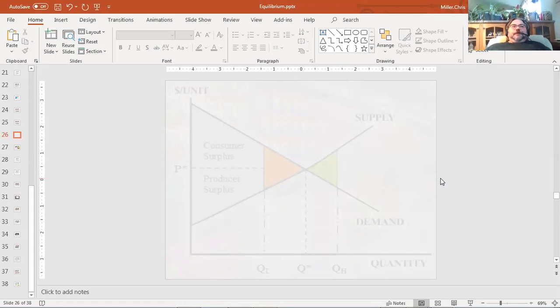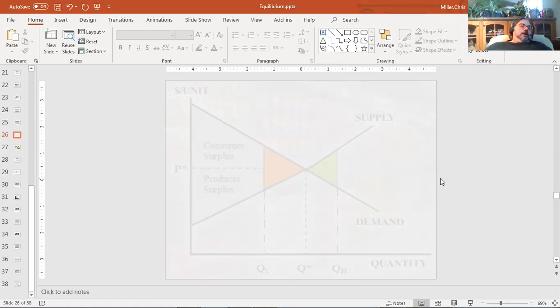So that's how the free market causes equilibrium to bounce around, and how the market is constantly searching for that equilibrium point.